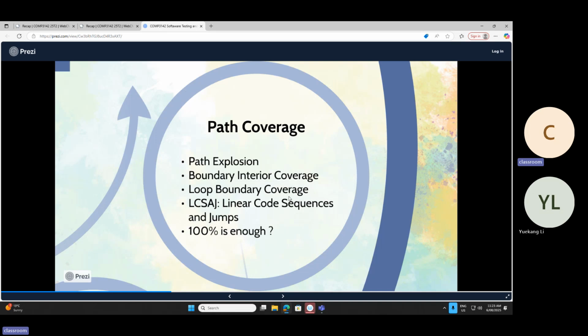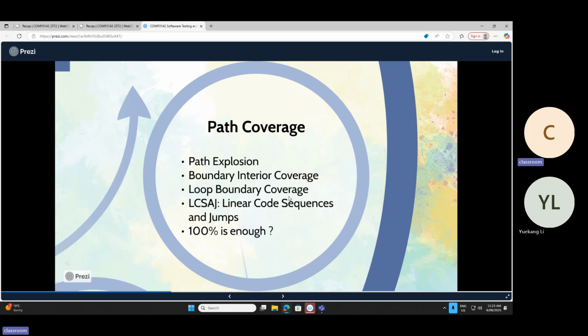The target of path coverage is, of course, to try to cover all the paths on this control flow graph. However, there's a very infamous problem if we use path coverage.